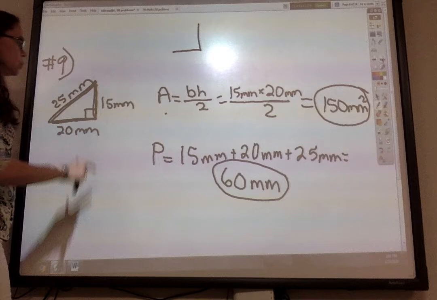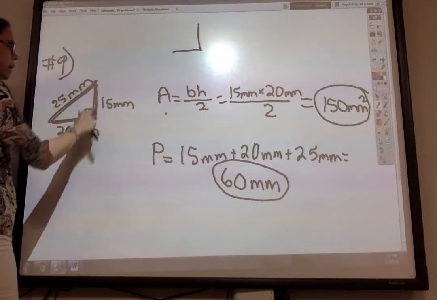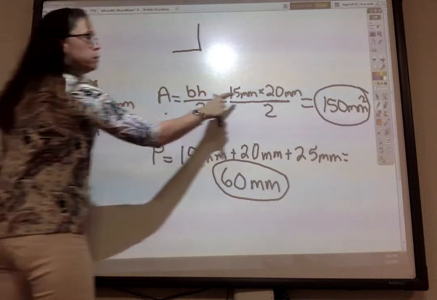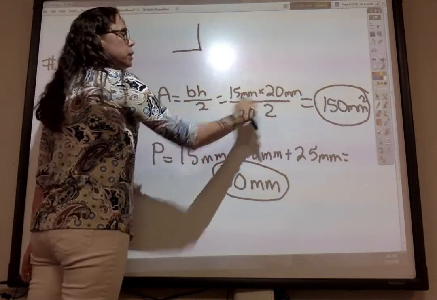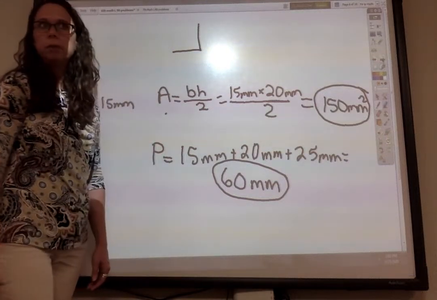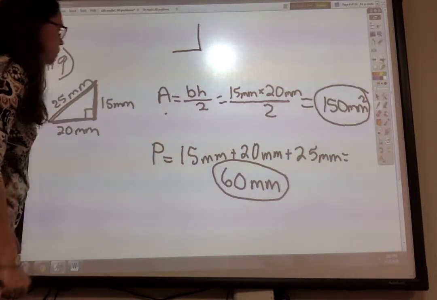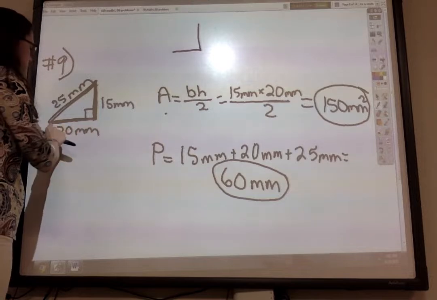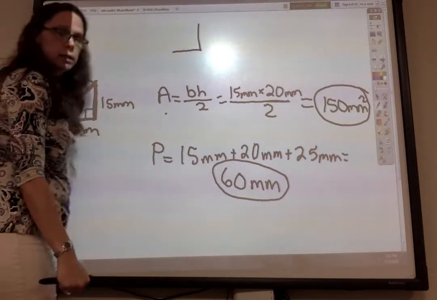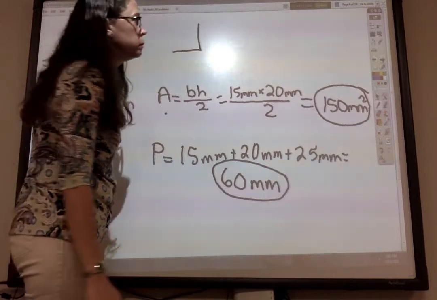So I'm going to use this for my base and this for my height because they form a right angle. 20 millimeters times 15 millimeters, and then divide by 2 gives me 150 millimeters squared. Now for perimeter, perimeter just means all the way around the outside. So I'm just going to add all my sides together, and I get 60 millimeters.